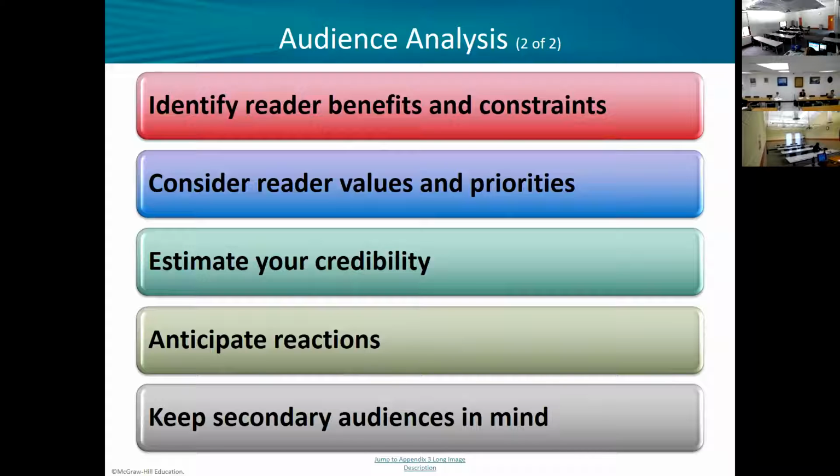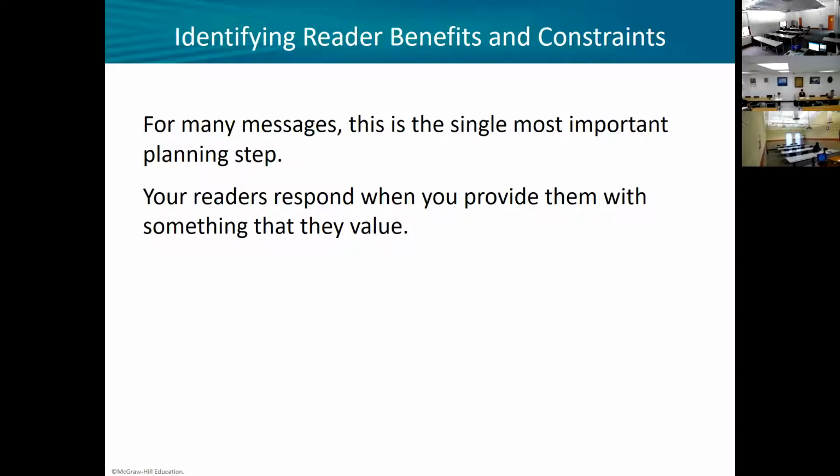Anticipate their reactions, and if there are any secondary audiences, somebody else who is going to read that material, keep those in mind. Okay, I look at the very first one, identify reader benefits and constraints. That could be something that is extremely important.